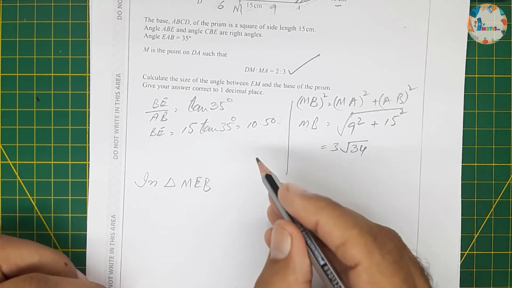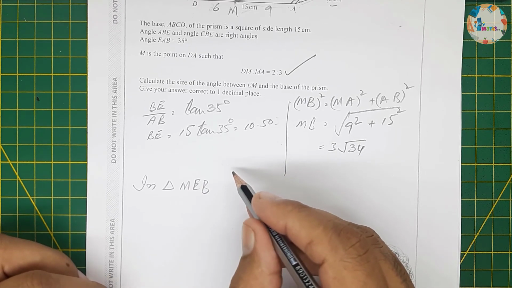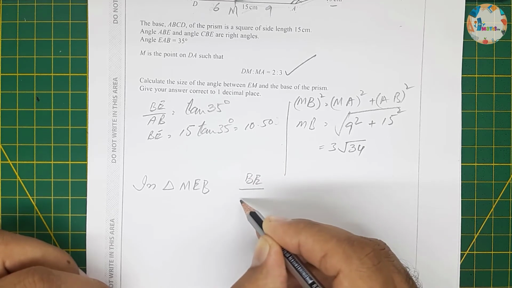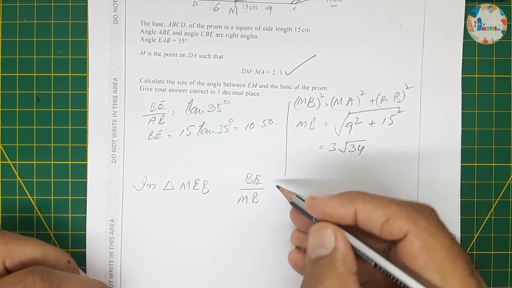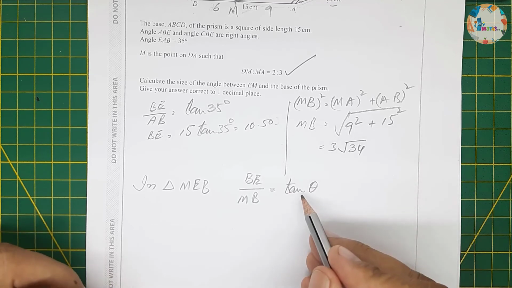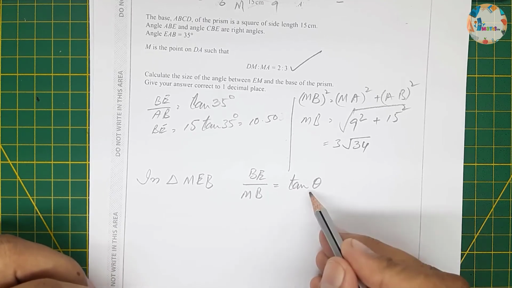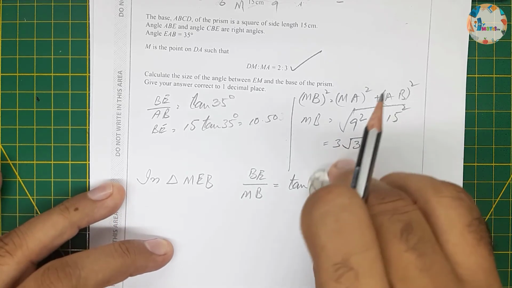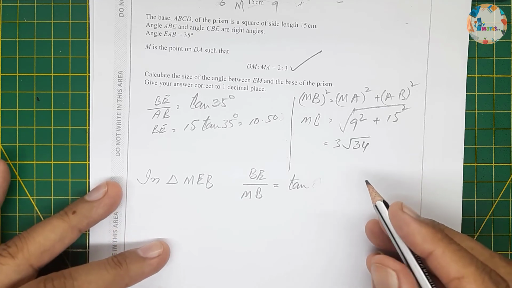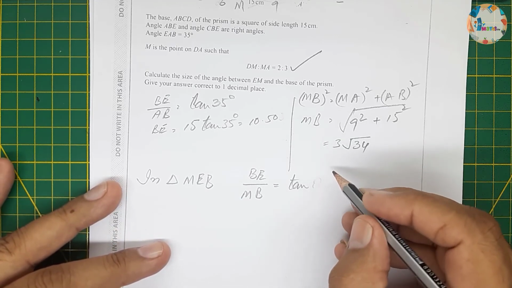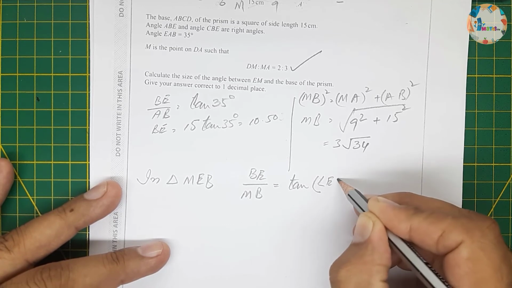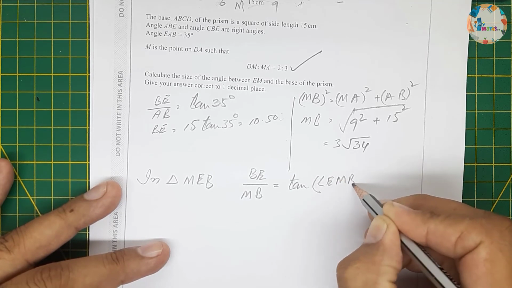In triangle MEB, opposite over adjacent, opposite will be BE over MB. BE over MB is equal to tan theta, and tan theta will be tan of the angle EMB.